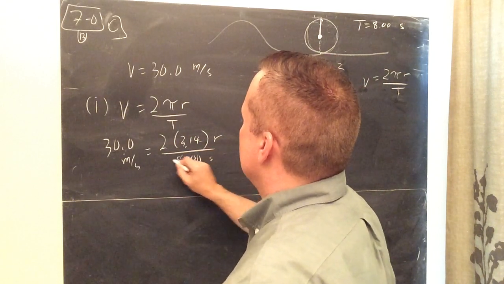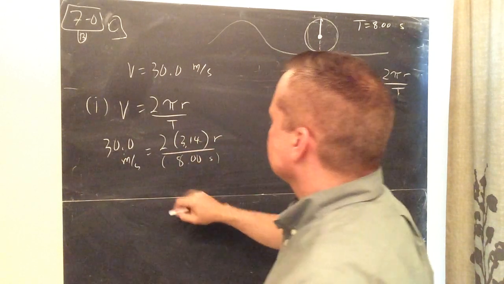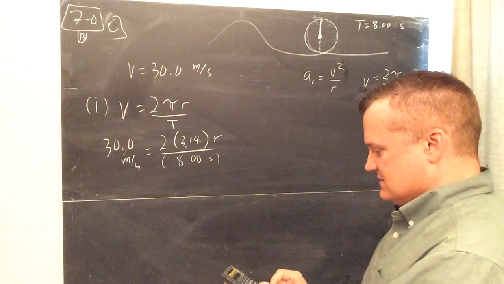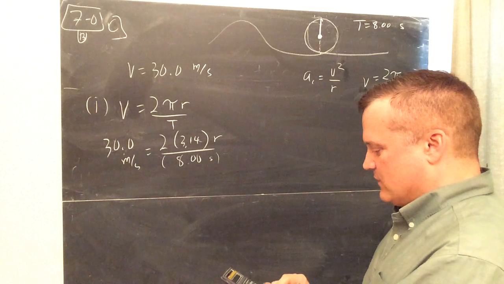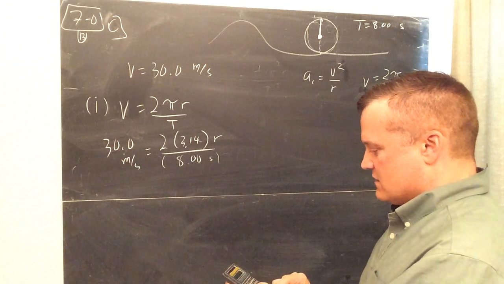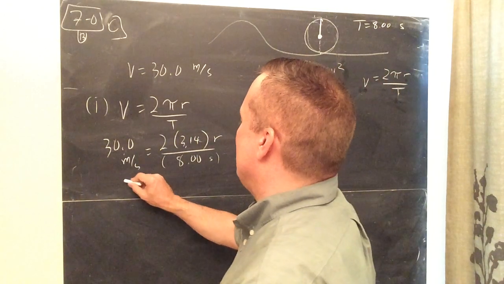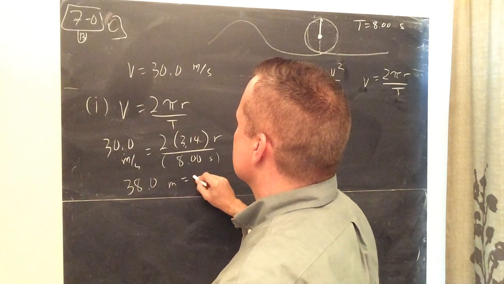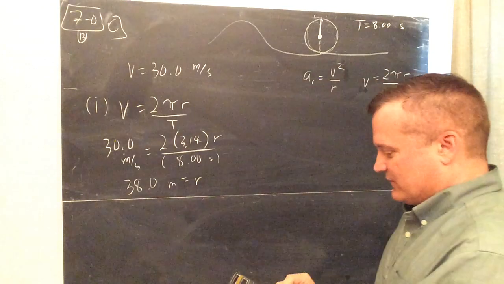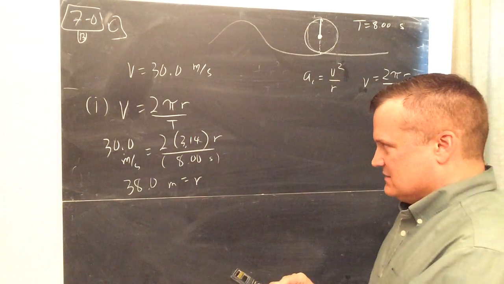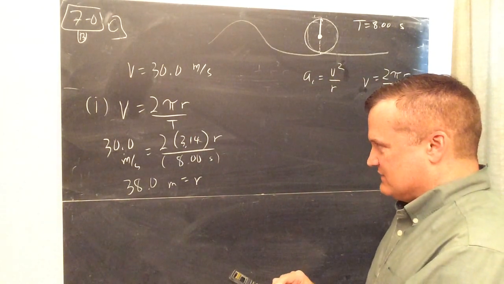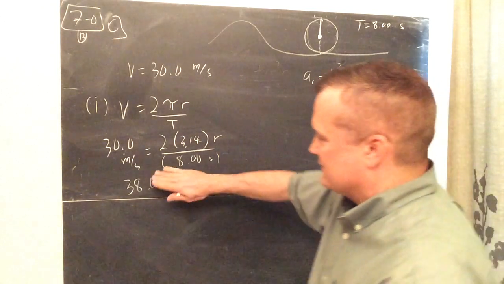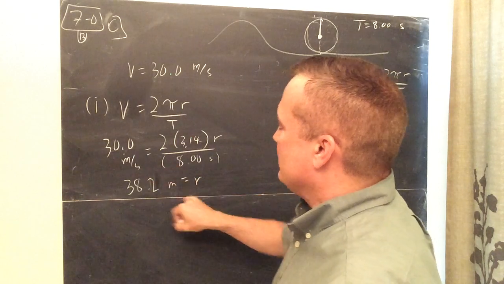So, let's just solve for R. 30 times 8 divided by 2 divided by 3.14 gives me a radius of 38 meters. Wow, that's really high. Sounds like Magic Mountain. Let me double check it: 38.2. I said 30.2, I don't want to write that. 38.2 meters is the radius.